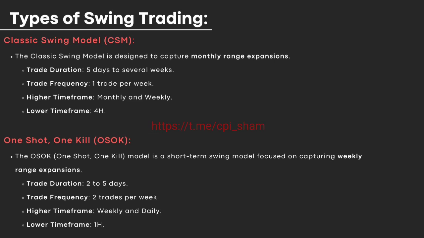Your goal, objective, and focus is on taking advantage of the weekly range expansion instead of the monthly range expansion. And with the one shot, one kill model, you're looking at around 2 trades per week maximum, right? That's double what you would get with the classic swing model. So if you like a little more action, then this model might be the perfect fit for you.